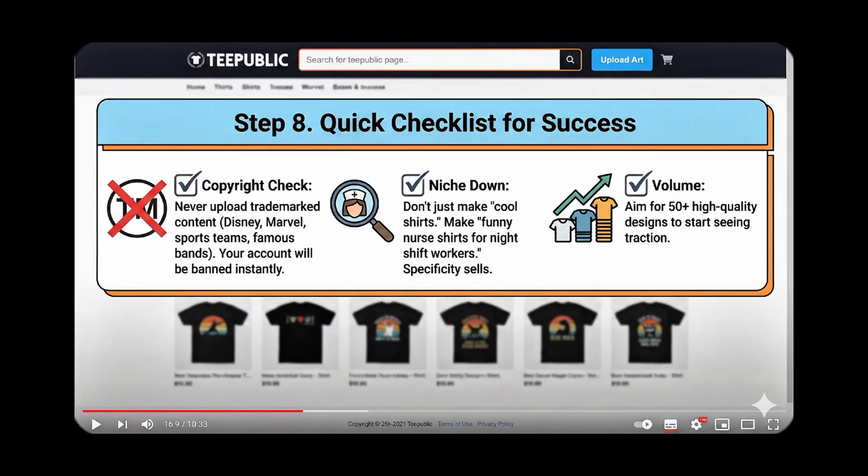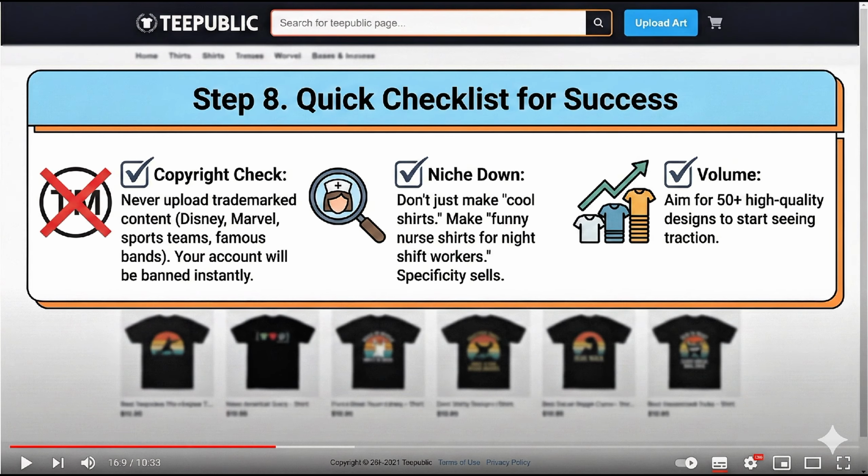Finally, let's wrap this up with something crucial to keep you on the right track. This is step 8, a quick checklist for success. First, you have to do a copyright check. Never, and I mean never, upload trademarked content like Disney, Marvel, sports teams, or famous bands. If you do that, your account will be banned instantly.